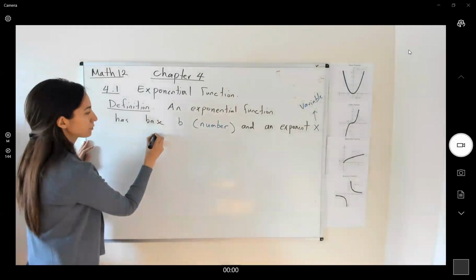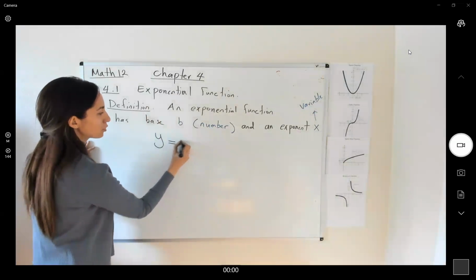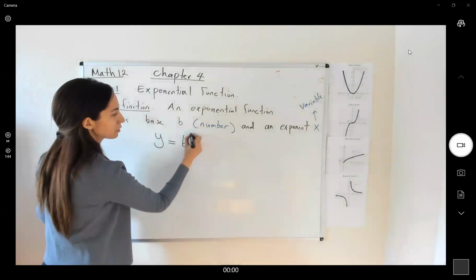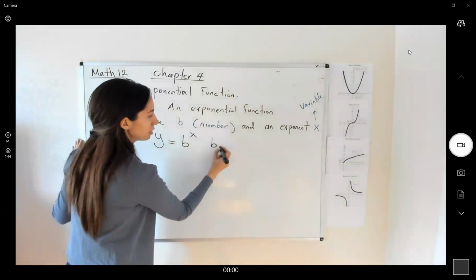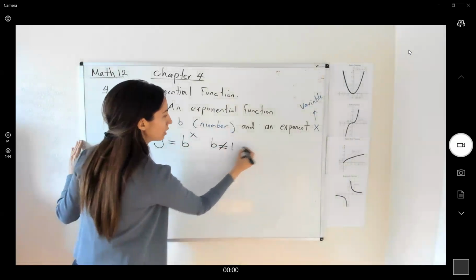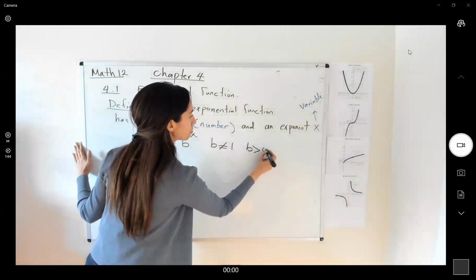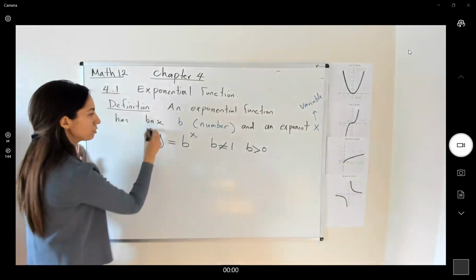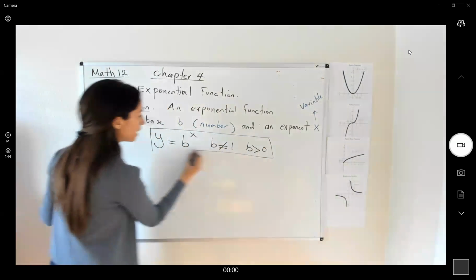So we write y equals b raised to x. b is not 1 and b is positive. So you have two conditions for your base.